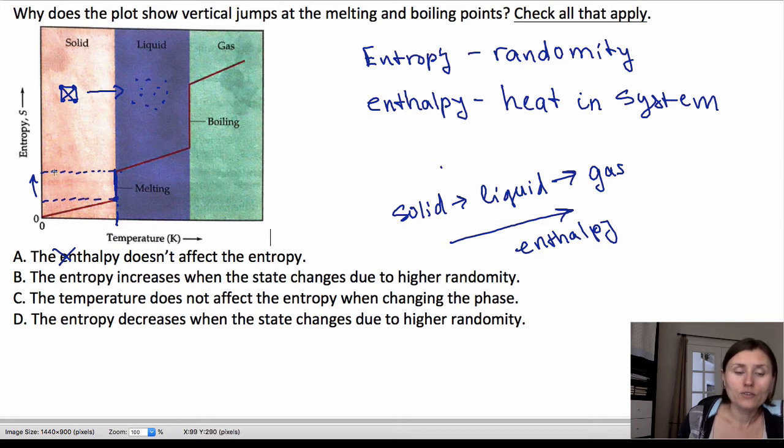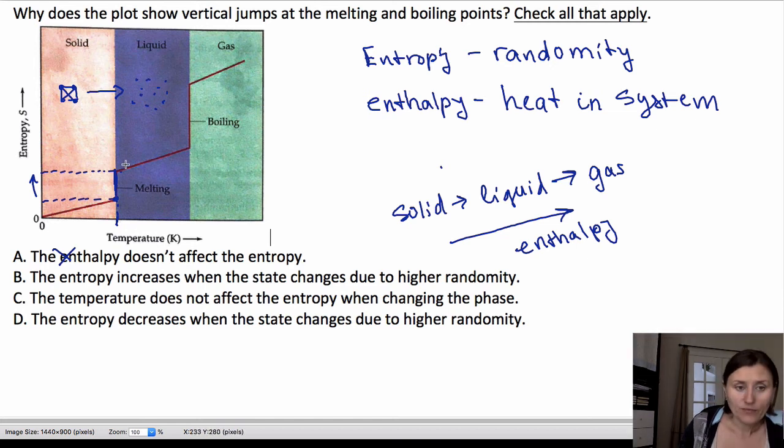So the entropy increases because it goes from solid to liquid. Yes, the randomness increases, because in the solid the particles are sitting still, but as they go to liquid, they start to move around more. So this answer is correct.